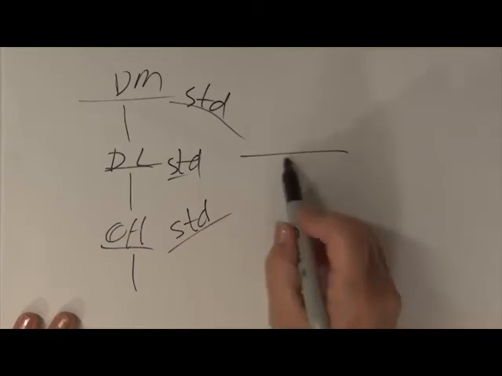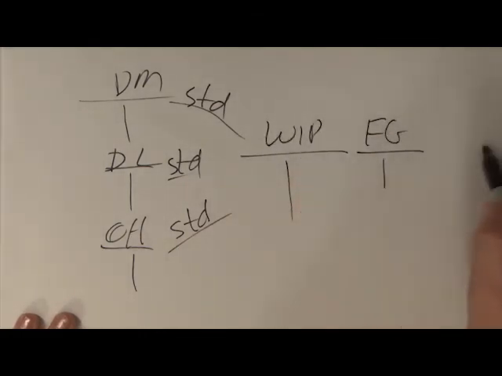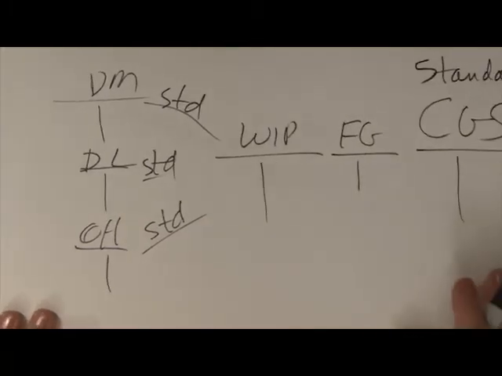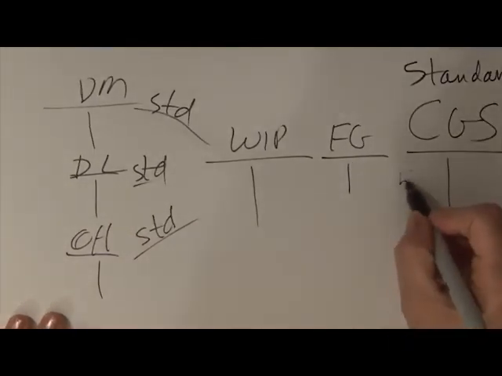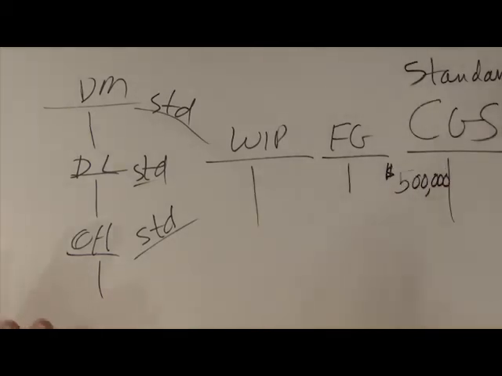And so when we get to work in process, we get to finished goods, and we get again to the final stage, cost of goods sold, it will also be at standard. And what we have to do, and I'm going to assume this number turns out to be $500,000, is recognize that we're going to have some favorable and some unfavorable variances.